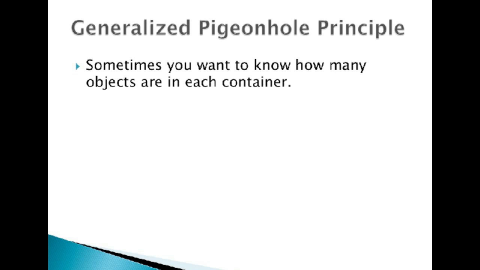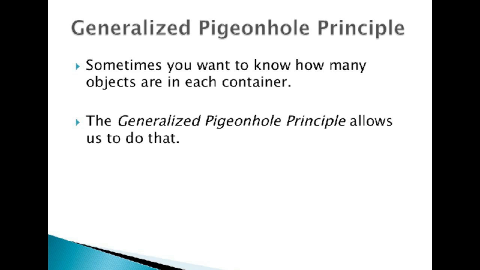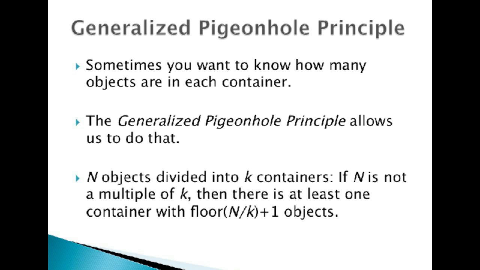The generalized pigeonhole principle is an extension of the original principle. However, it applies to situations where the number of objects exceeds a multiple of the number of containers. In this case, n objects are divided into k containers. If n is not a multiple of k, then there must be at least one container with floor of n divided by k, plus 1 objects.